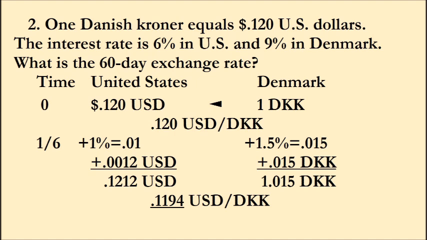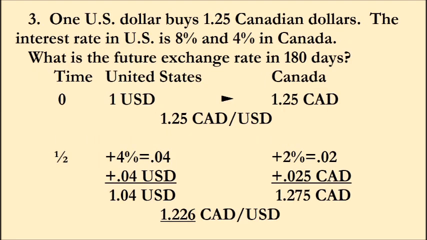Let's go back and do another one again now per US dollar against the Canadian dollar. And that's with 8% in the US, 4% in Canada, and we'll do 180 days, that's a half year. Half of the 8 is 4 in the US, and half of the 4 in Canada is 2 in Canada, and we get an exchange rate going by just about the amount of the differential of 2 percentage points.